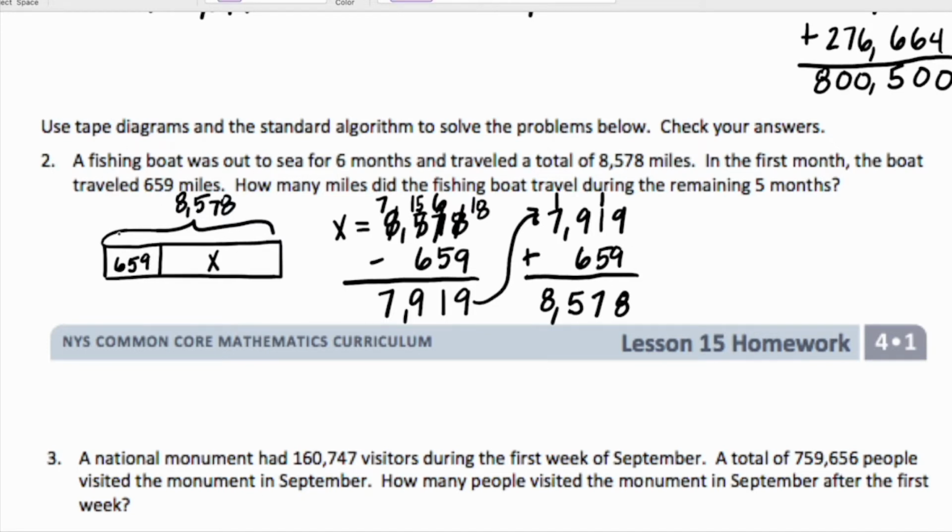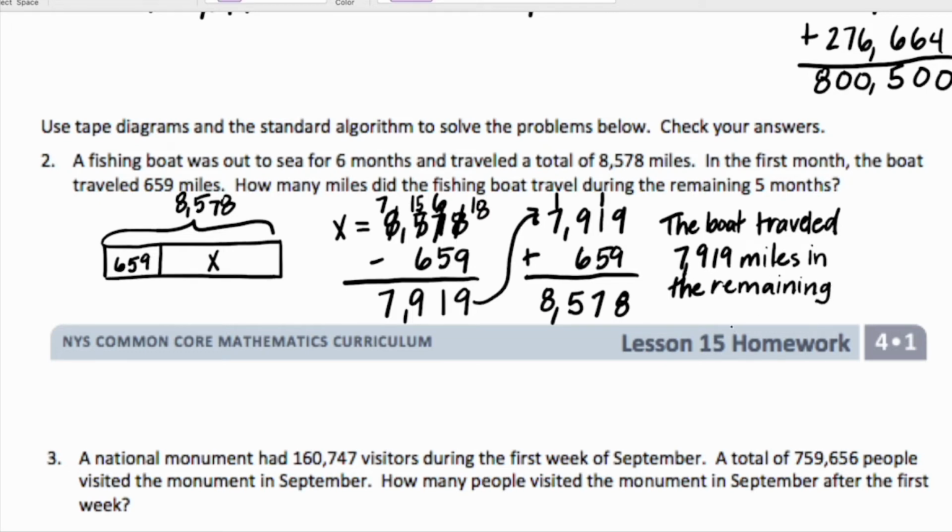So the boat traveled 7,919 miles in the remaining 5 months.